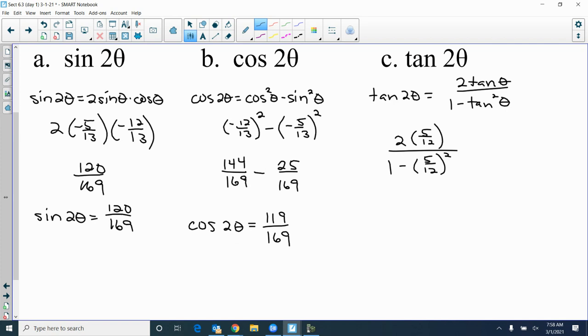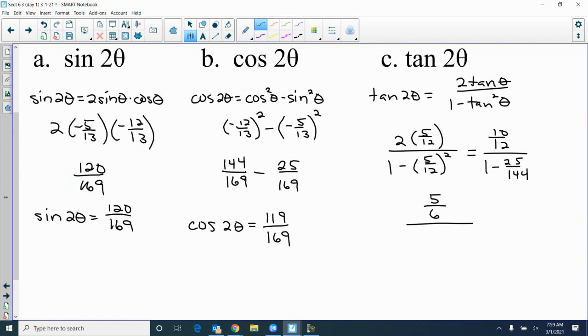Equals. Now 2 times 5/12 is 10/12. Some of you reduce that to 5/6. You can leave it as 10/12. And I get 1 minus 25 over 144. I'm going to reduce that to 5/6. All right, what's 1 minus 25 over 144?